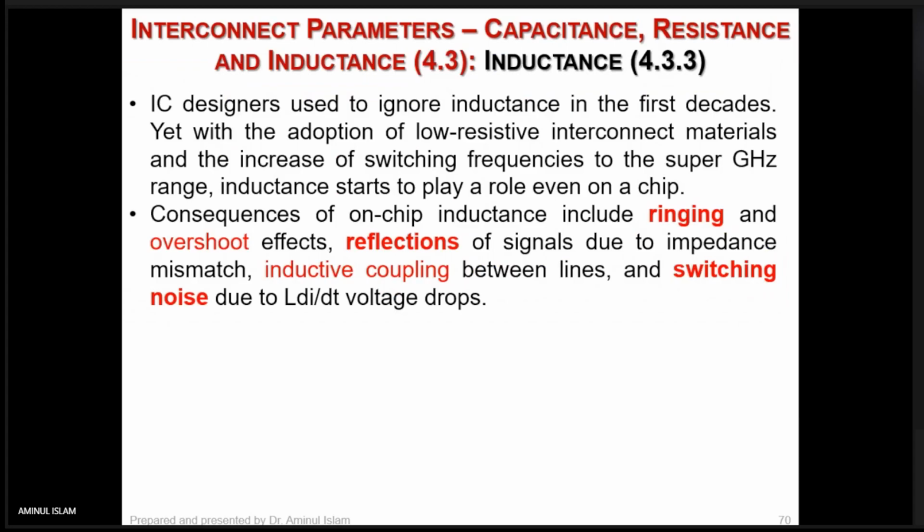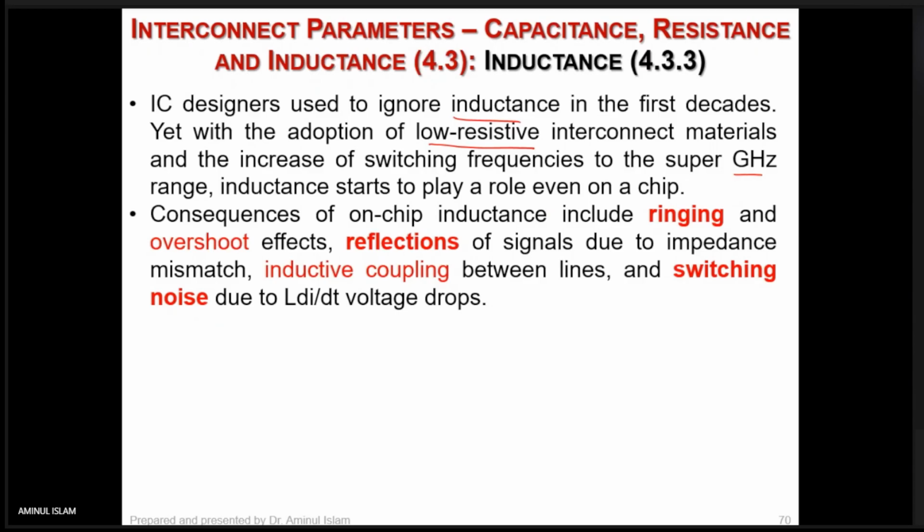IC designers used to ignore the inductance earlier, in the first decades. It was not much of a problem because the frequency of operation was also lower. Yet with the adoption of low resistive interconnect materials and the increase of switching frequencies to the super gigahertz range, inductance starts to play a role even on a chip.